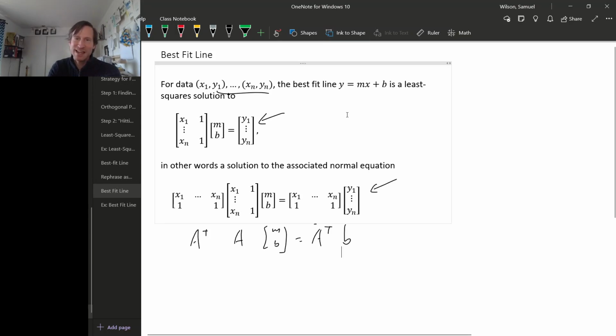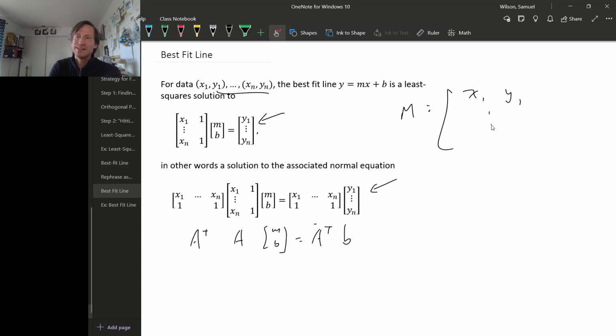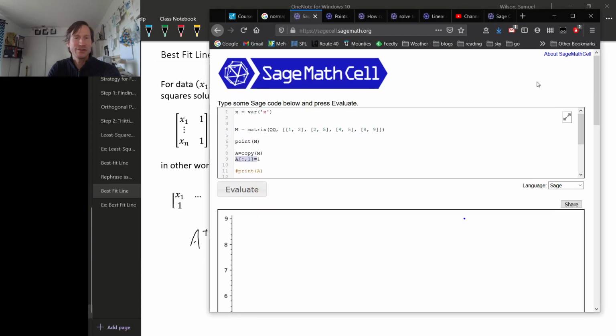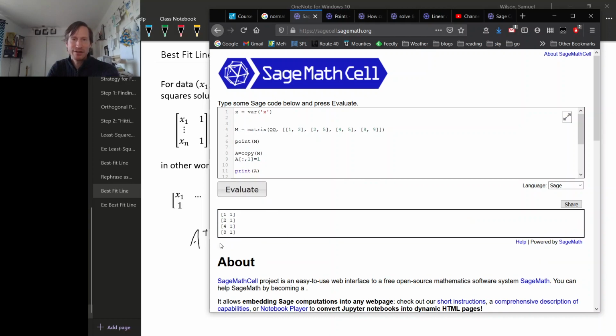In Sage, how I have it set up is M is (x1, y1) down to (xn, yn). So what I've done to get this matrix A is I've just replaced this second column with all ones. And so here's that matrix A. The first column is just the x values from our data points. The second column is just all ones.